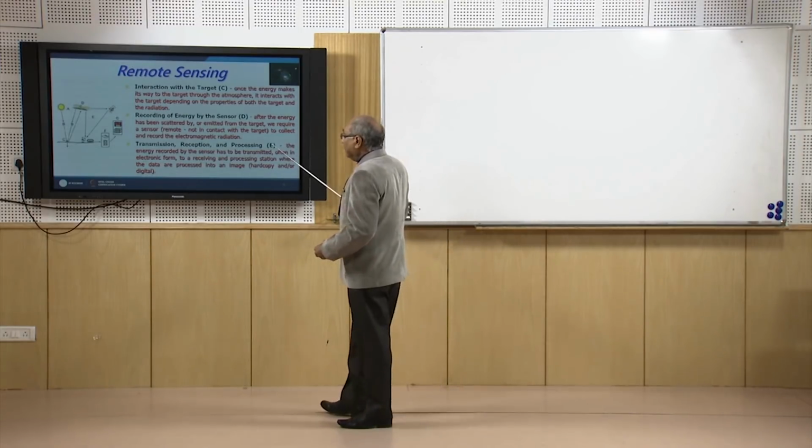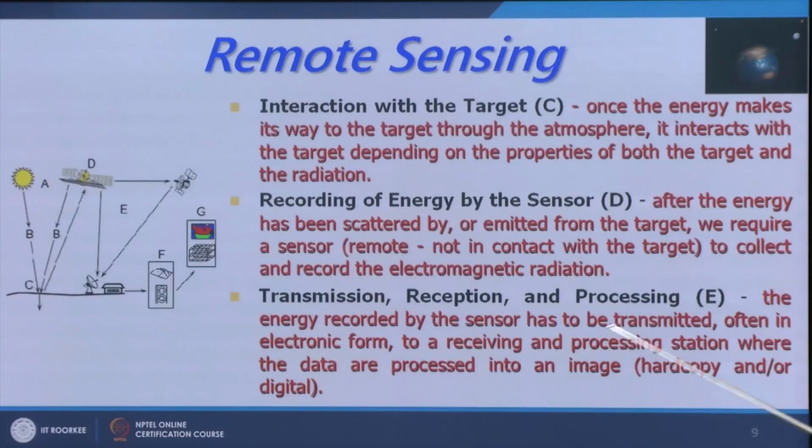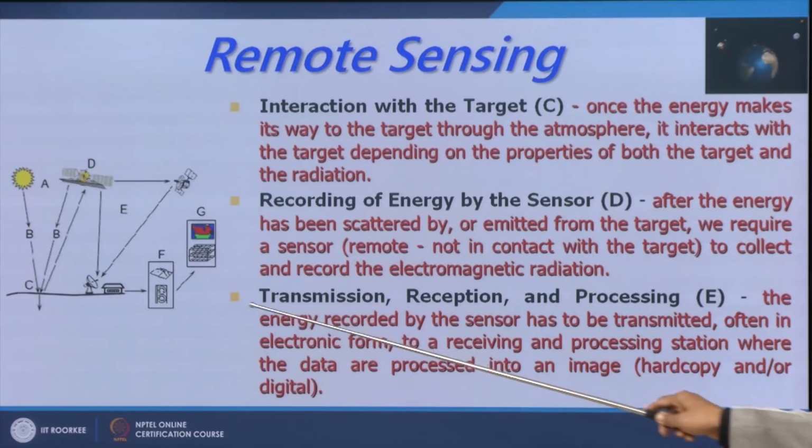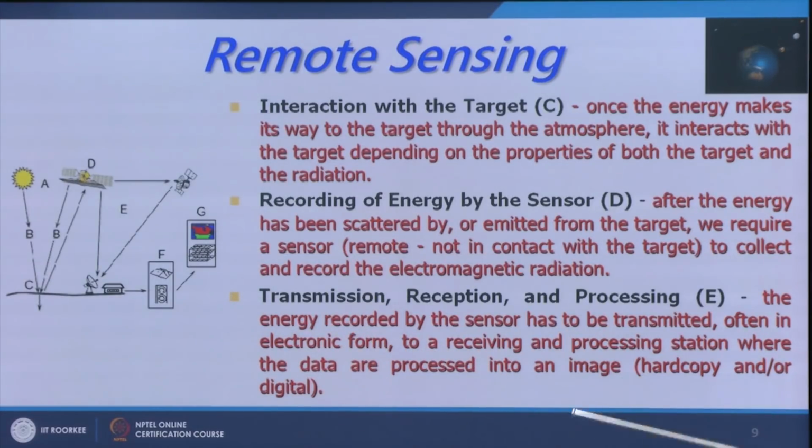And the last one here is the E component, that is transmission, reception and processing. Transmission is done by the satellite. The energy recorded by the sensor on board the satellite, often in electronic or digital form, has to be transmitted, then received by earth stations which are spread over different parts of the earth in different countries.